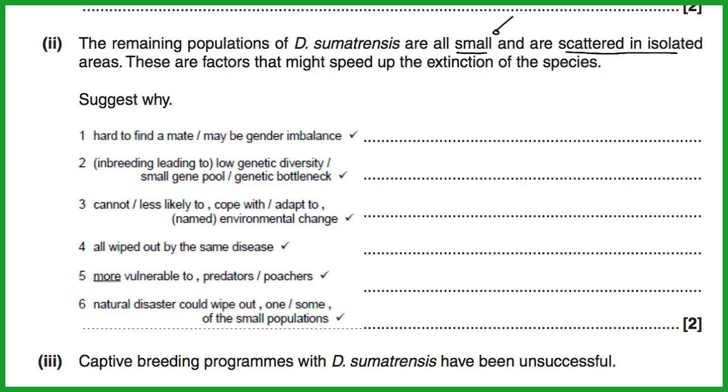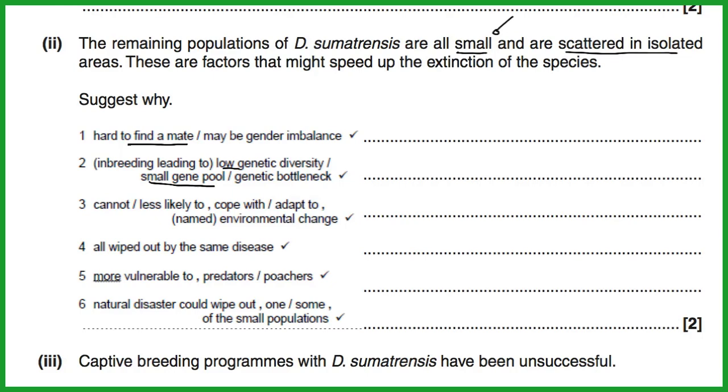So the answers they were looking for here was, it may be hard to find a mate because you've got very isolated populations, and that inbreeding leads to a low genetic diversity because there's a small gene pool, and gene pool, remember, is the total number of alleles in a population. So this might lead to a genetic bottleneck.